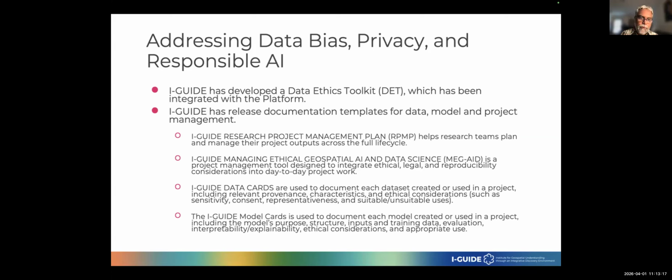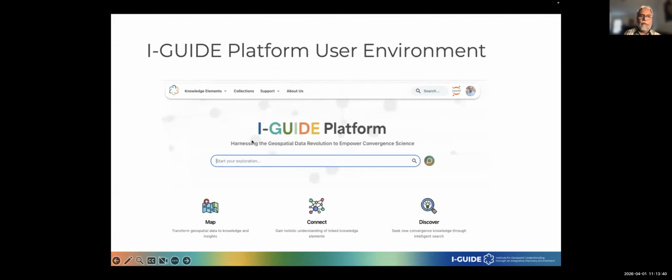So this would help you manage your projects and your research work, as well as when you upload data to the iGuide platform. It will ask you certain questions, to make this process as simple as possible for you. So those are some of the main things I wanted to get across for the platform.